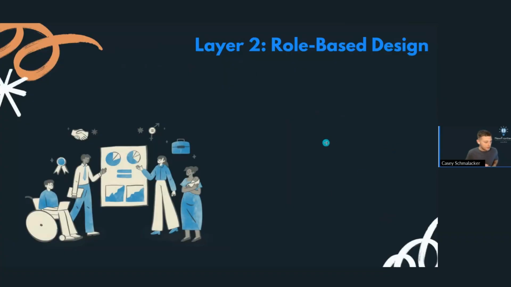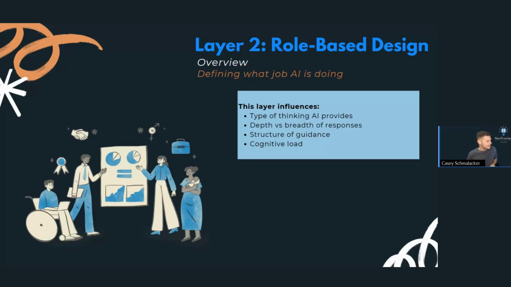Okay, so now layer two. This is an in-chat feature, but it's a very specific one, and this is about role-based design. Role-based design is really about defining what job AI is doing. So this layer is influencing the type of thinking that AI is providing, the depth versus the breadth of responses it will give you, the structure of the guidance, and the cognitive load that it's taking on.